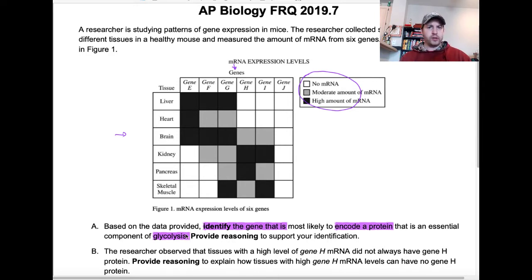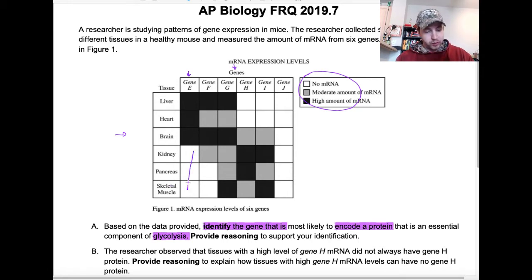So let's go ahead and see which ones are going to work and which ones we can rule out. In gene E, I see that I have a lot of mRNA expression in the liver, heart, and brain. However, I have no expression of mRNA in the kidney, pancreas, and skeletal muscle. And I know that those particular tissue types require ATP.